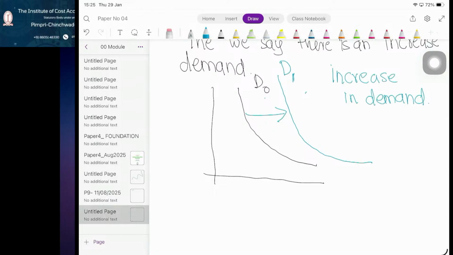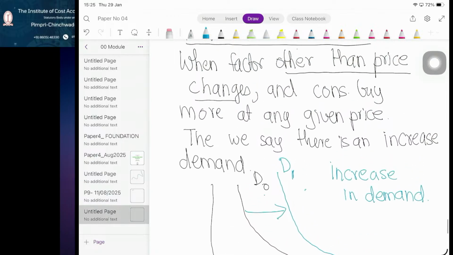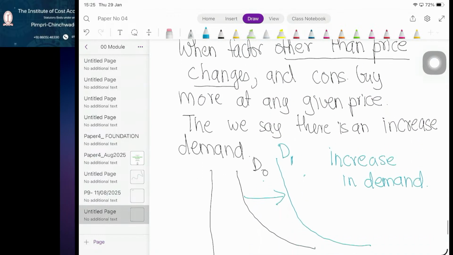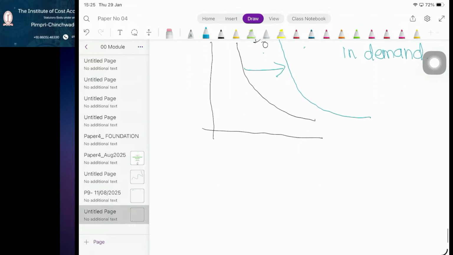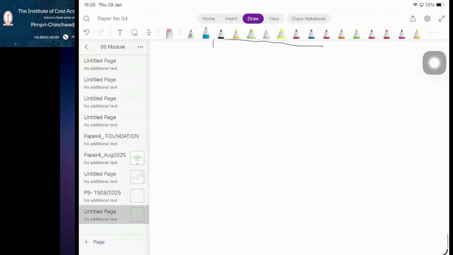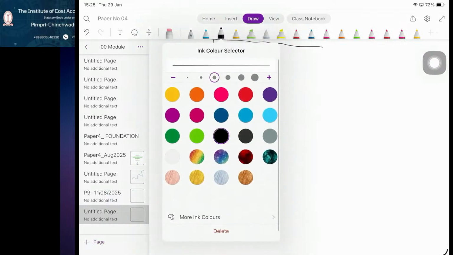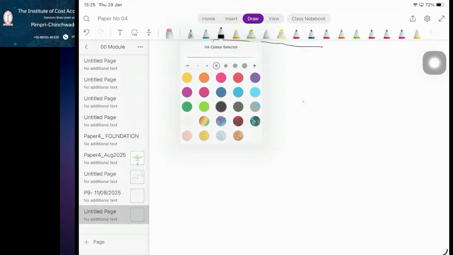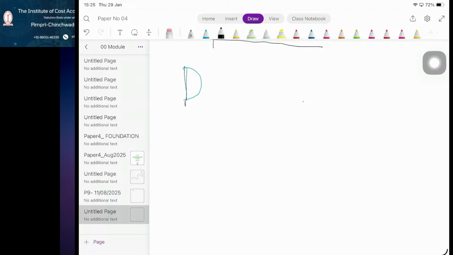Okay, I want all of you to do one step now. I have written down what is increase in demand and drawn a diagram. I want you all to write what is decrease in demand.